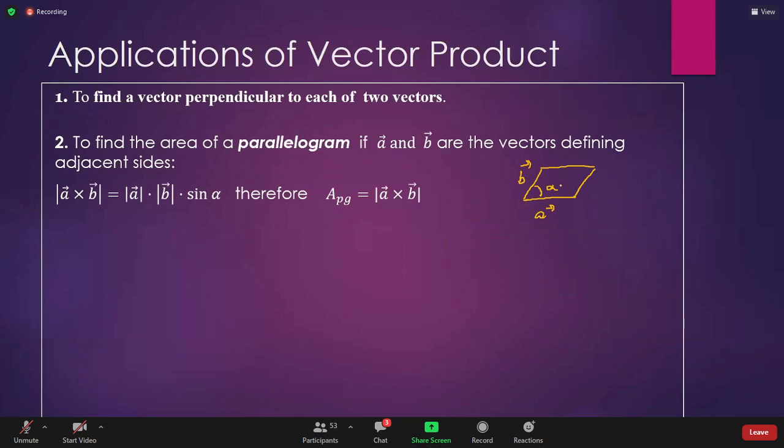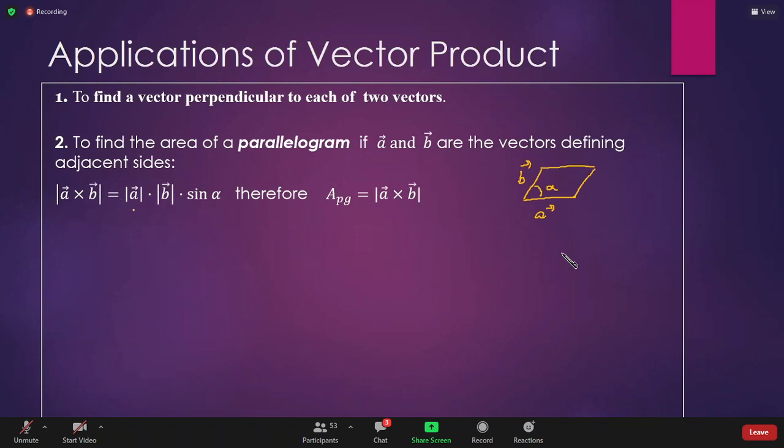Now this is a little bit tricky because some people think we need to find the length of A, the length of B, and the angle alpha to find the area of the parallelogram. Basically, the area is the side times the other side times the sine of the angle between these two sides. That's from school geometry: the length of A times the length of B times the sine of the angle.